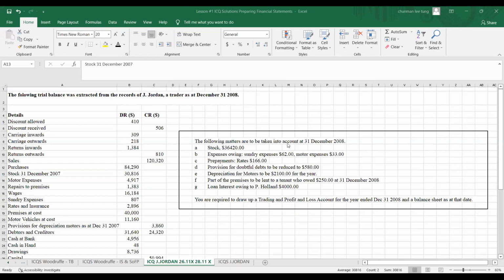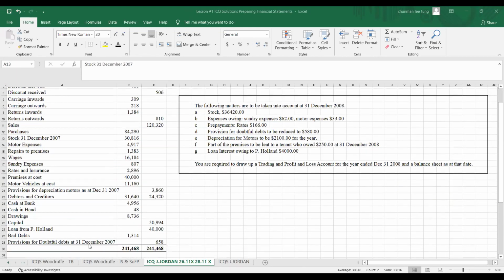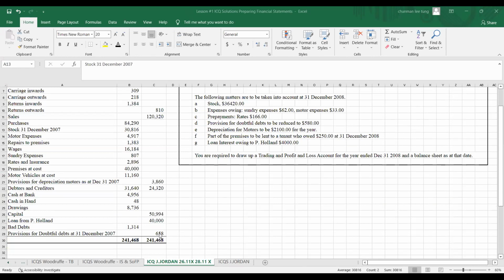All right. So in the question, provision for bad debts is 658. And then it says it's going to be reduced to 580. So this is where you all need to bring out your scientific calculators, not your phones. Again, accustomed to using the calculator here now, which I know you all have been doing. So what do we do here?